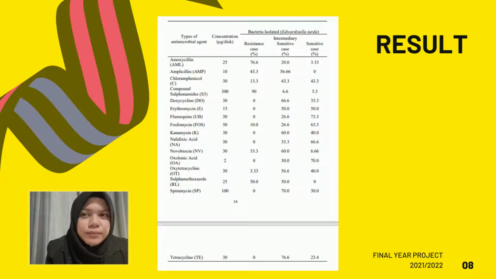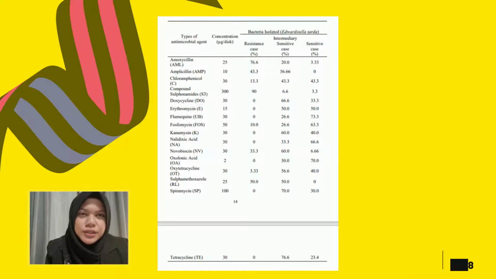The MAR value for the Edwardsiella tarda isolate is 0.5. The results show that Edwardsiella tarda in this fish might have been exposed to antibiotics during the culturing stage.